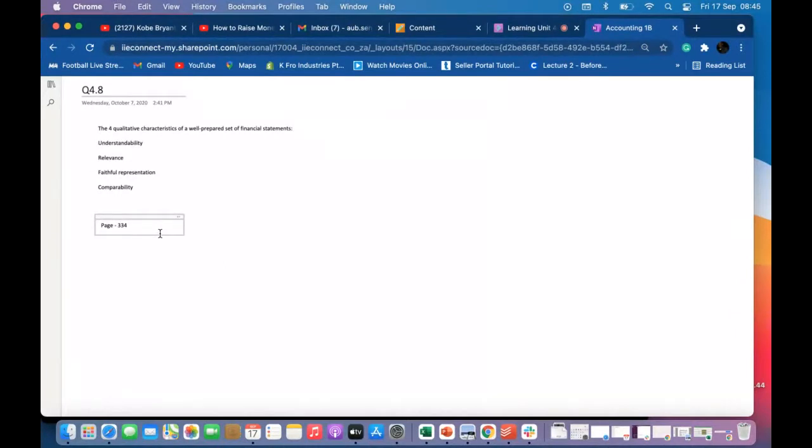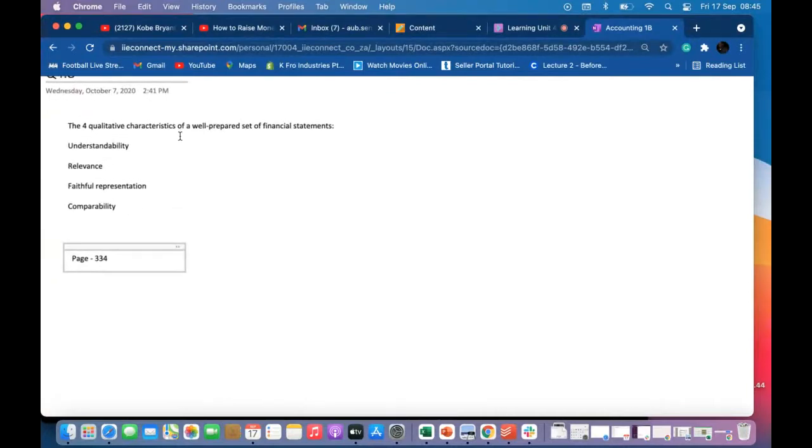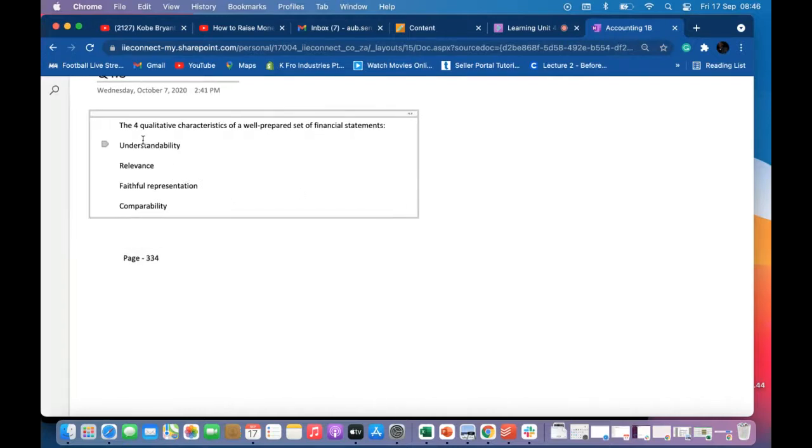But if you check your answers for question 4.8, which is what we're going to go into, basically all that they're asking there is four qualitative characteristics of a well-prepared set of financial statements. Okay, you guys know this because in accounting 1A they ask about this and they love to ask this. So I know you saw them ask this either in an assignment or one of your tests or in the exam itself.